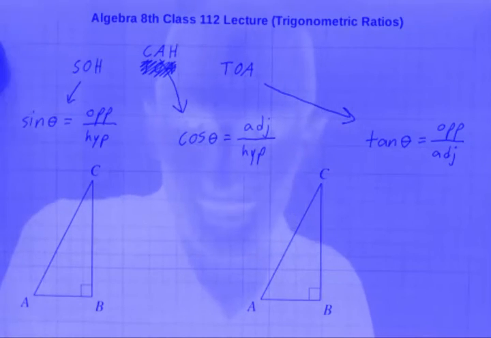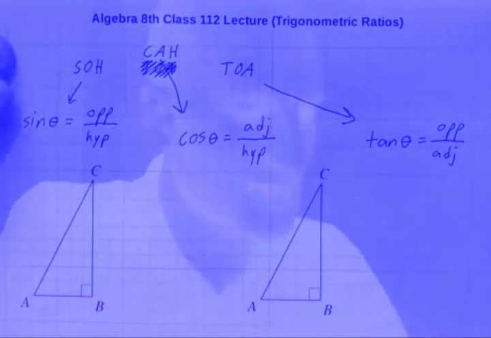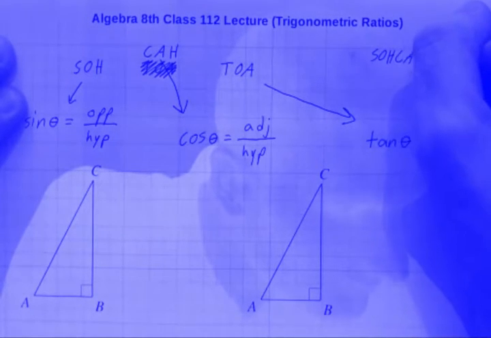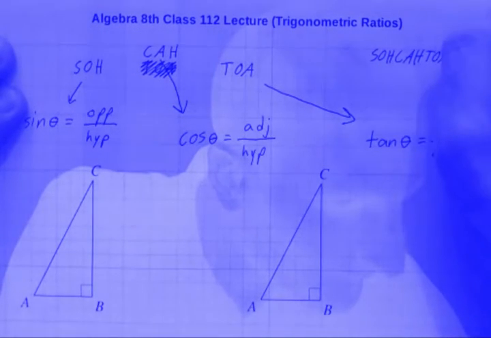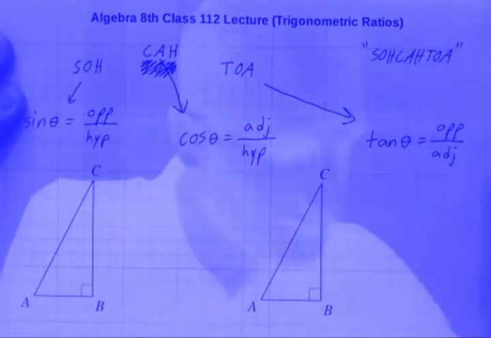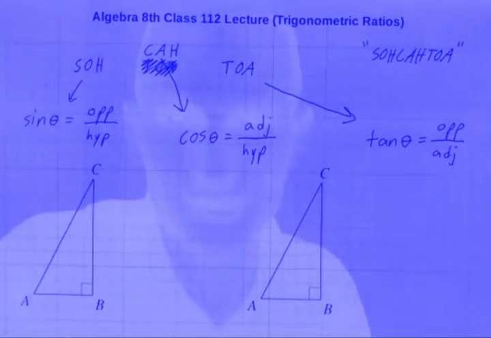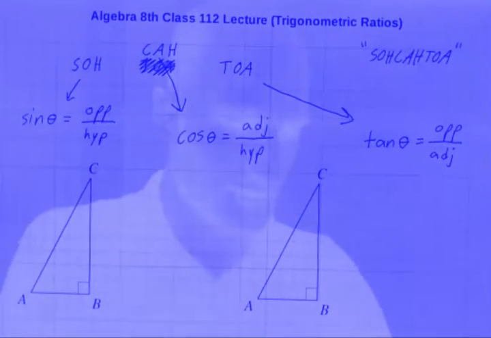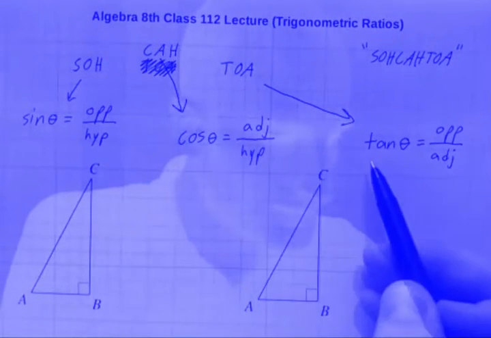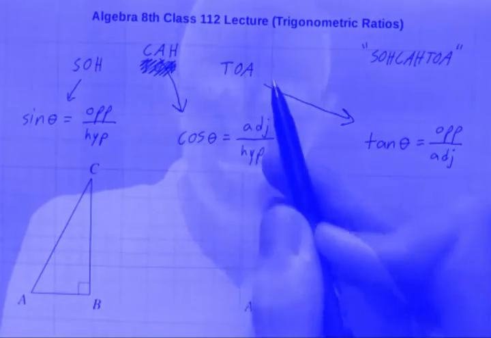If you compress all of that, then you just have SOHCAHTOA. And this is basically the way that I've always used to remember the three trig functions, sine, cosine, tangent, right? SOH, CAH, TOA.